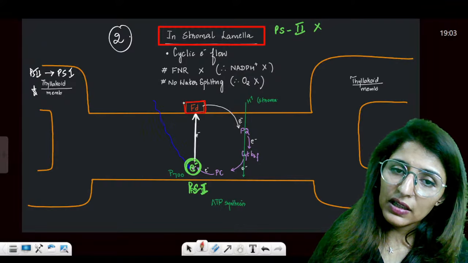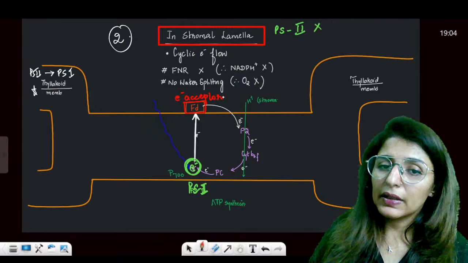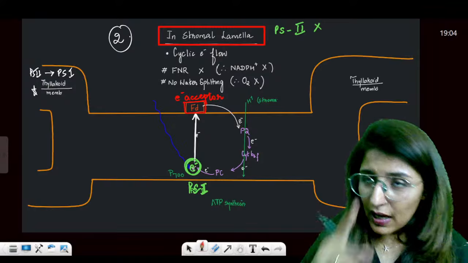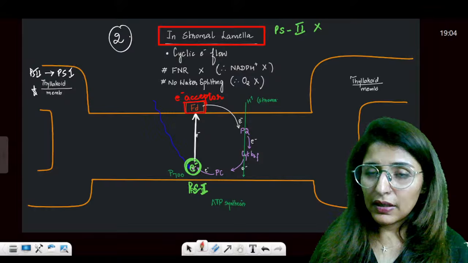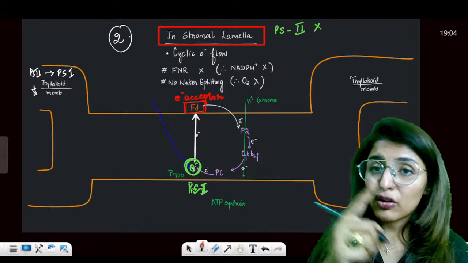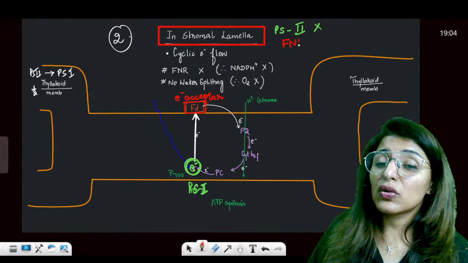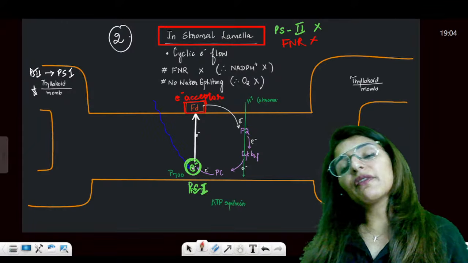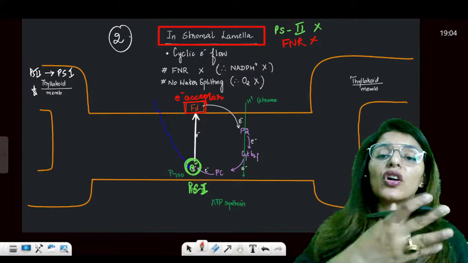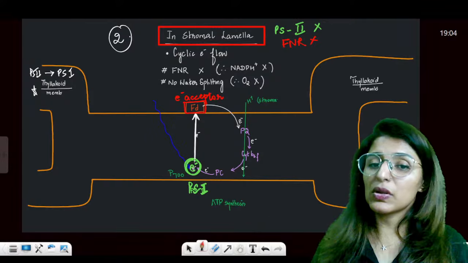But unlike in the thylakoid membrane, where ferredoxin was passing on that electron to FNR, here that will not happen. Why? The FNR is also absent. If there is no FNR, NADP cannot be converted into NADPH and H positive, right?